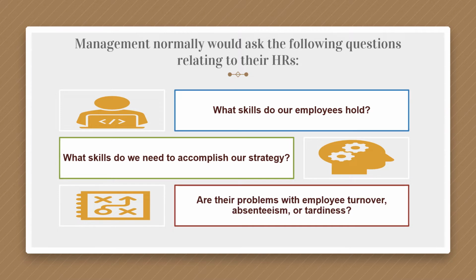Third question, are there problems with employee turnover, absenteeism, or tardiness? We mean by that employees having a problem coming in on time, or keeping absent and so on. So this is also one of the problems that should be handled by the human resource system.